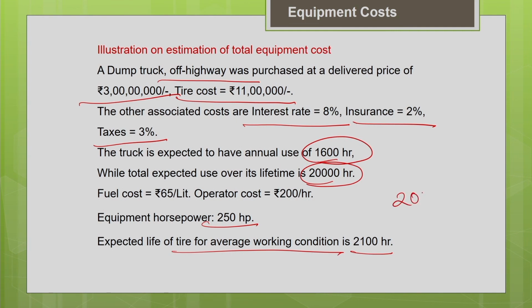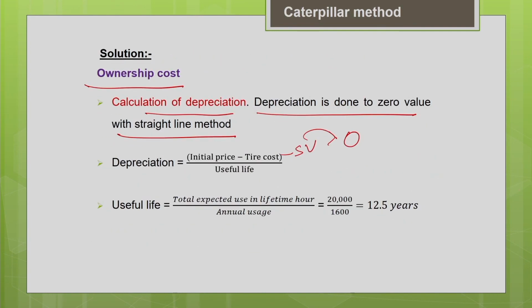If you divide both, 20,000 hours, the total lifetime use, by 1600 hours used every year, this will give you the useful life of the machine in years, 12.5 years.